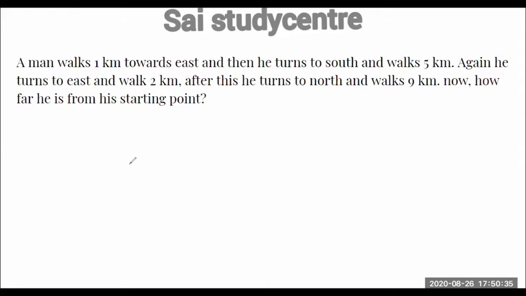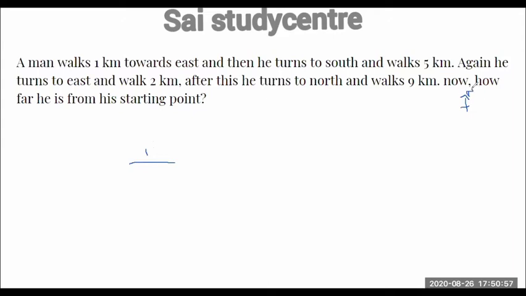So a person starts to walk, generally towards the east. I'm just drawing: from this position, the person has started to walk. So this is 1 kilometer he is moving. Then he turns towards the south. Before starting this type of problem, you have a common diagram here.